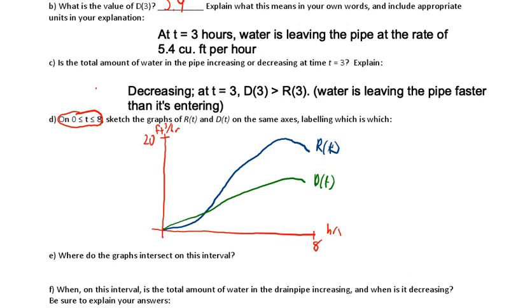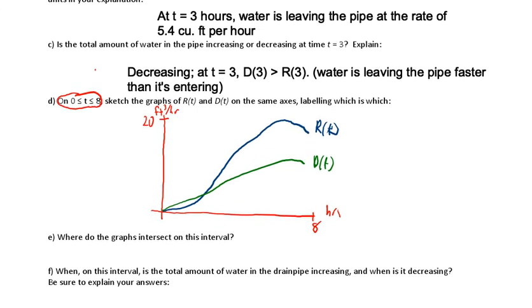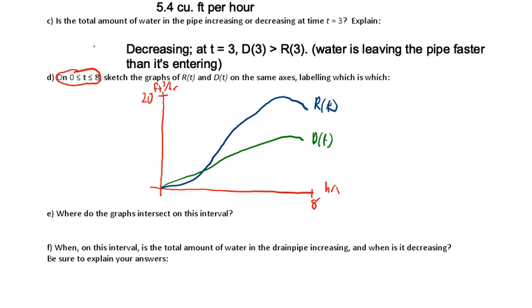Can anybody give me an interval that the water in the pipe is increasing on? From when to when? From 3.272 to 8. You got it. Yep. On the interval 3.272 to 8.